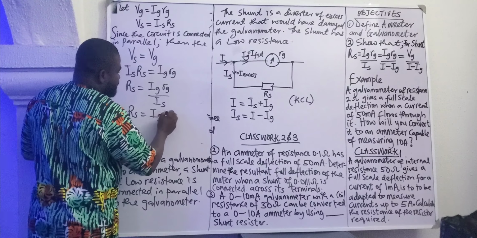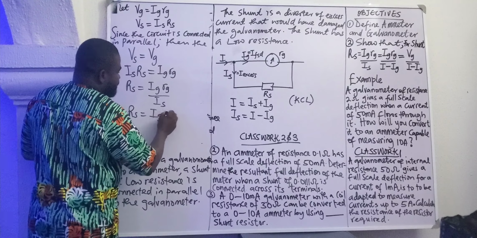So once we want to convert a galvanometer to an ammeter, we can use this relationship to achieve that conversion. Simply substitute the values. Now, we can also use this representation, Rx is equal to Ig Rg, which is actually Vg, all over I minus Ig. You can use this relationship as well.